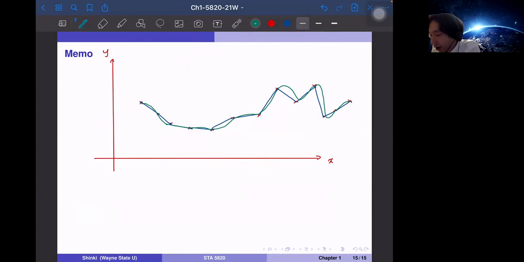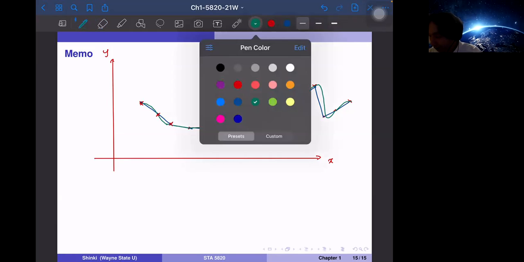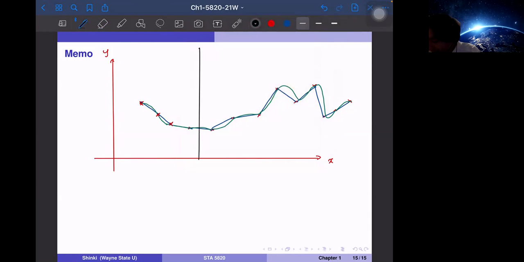And sometimes we don't really require this kind of assumption, so the graph does not have to go through all the points. Suppose we only have several knots such as this, then maybe the piecewise cubic function is like this.